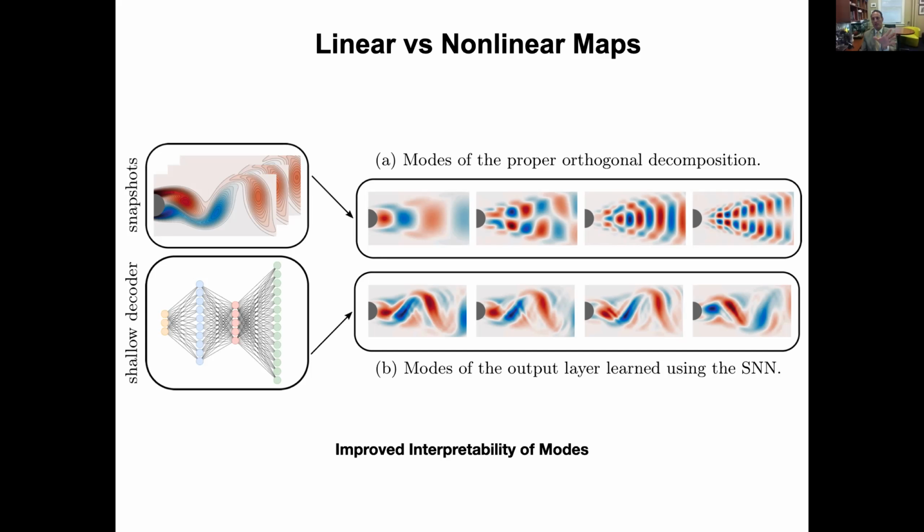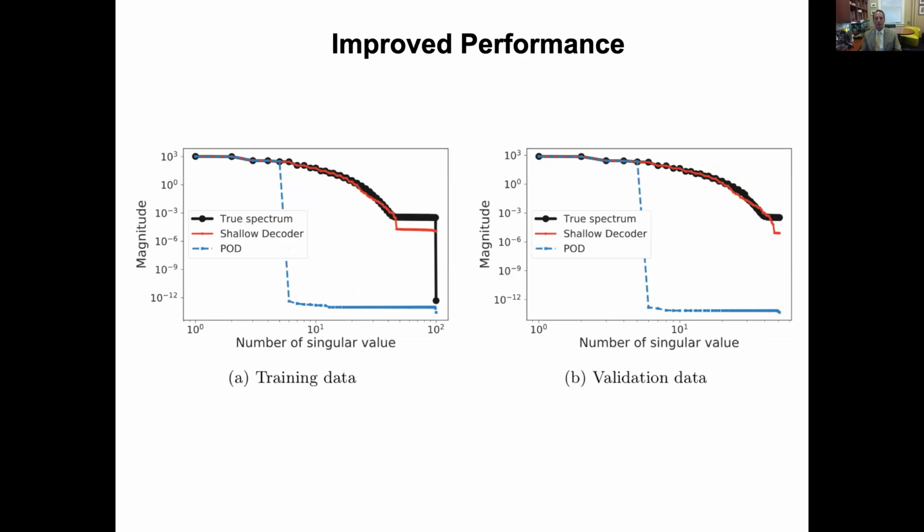Because, remember, this is about taking measurements and mapping them to the flow field. And in fact, you can show that you get a really significant improvement in performance in comparison to linear structures, where the true spectrum is the black. This shallow decoder is the red.